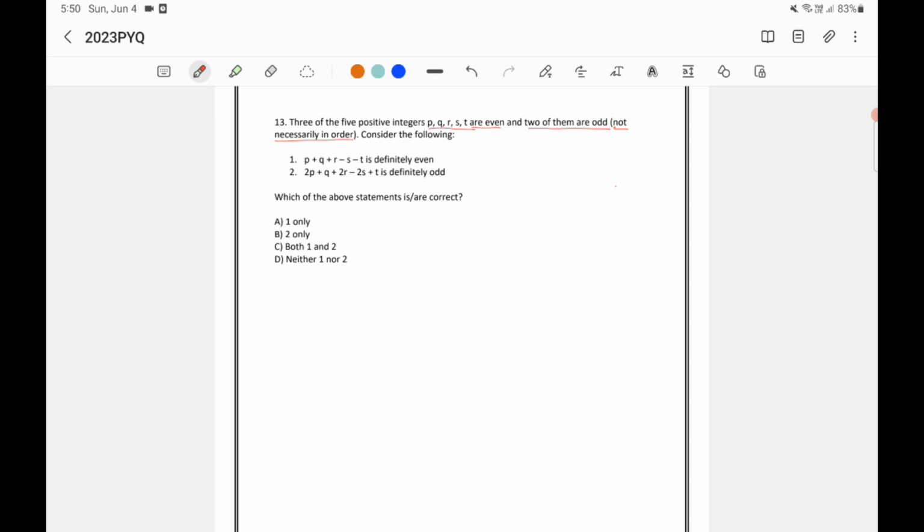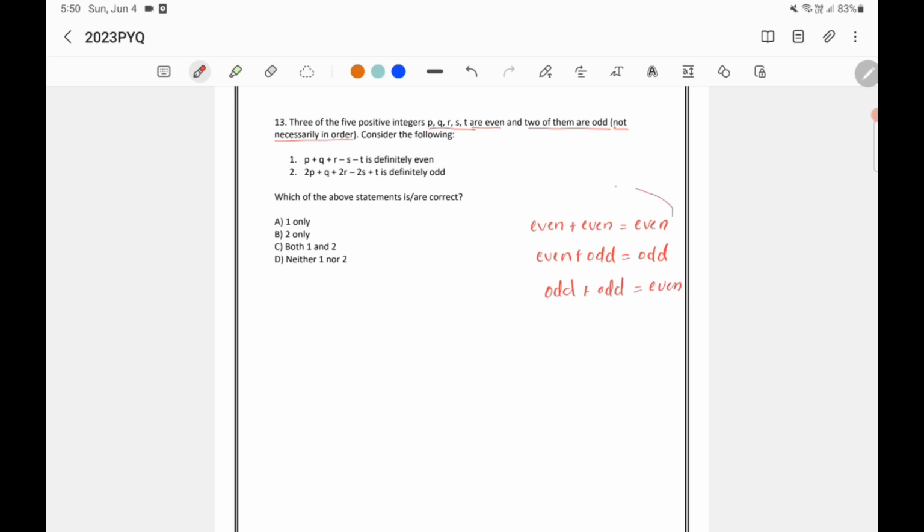So here you should understand the addition of odd numbers and even numbers very well. And I have already told you in my video and in my practice paper that it is actually very important. So you should understand that if you add two even numbers, even plus even will always be even. Even plus odd will give you an odd number, and odd plus odd will always be even.